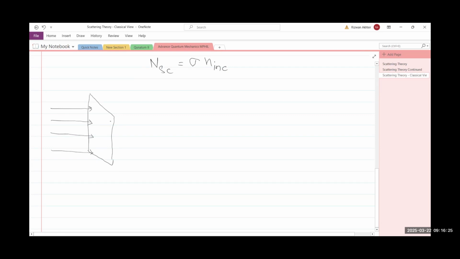And we have some cross-sectional area where the beam of particles are hitting. So this is n_inc, the beam of particles hitting. And then we have this target.